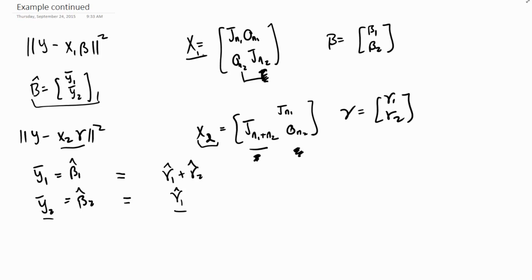If you want a different reparameterization, which would result in an x transpose x that's hard to invert, you can use the fact that the fitted values have to be identical to convert between the parameters after the fact. So in this case, gamma 1 hat has to be equal to beta 2 hat, and then, plugging in with those two equations, gamma 2 hat has to be equal to beta 1 hat minus beta 2 hat.